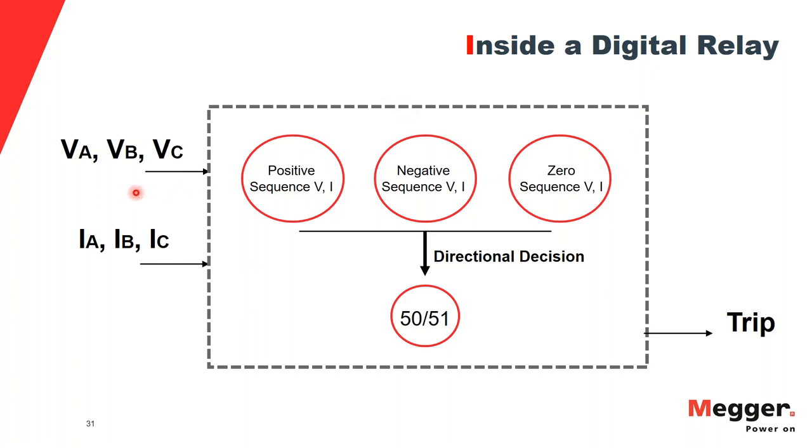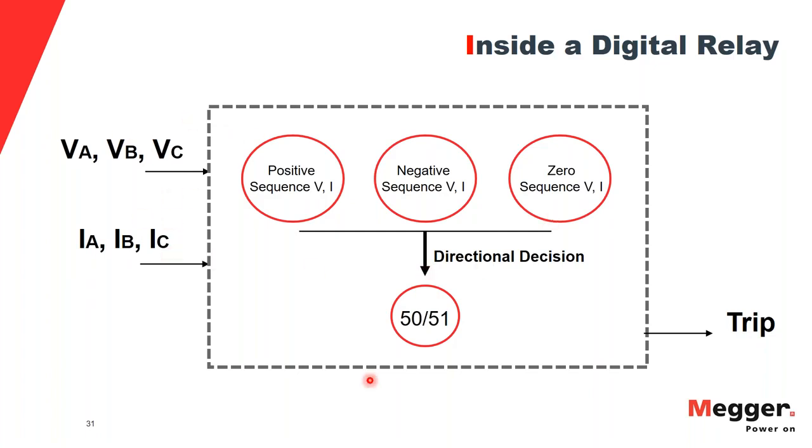This digital relay is measuring phase A voltage, phase B voltage, phase C voltage phasors. Similarly, it measures the phasors of phase A current, phase B current, and phase C current from the inputs. So the relay has 3 phase inputs for voltage and current. It's going to measure voltage and current from PTs and CTs.